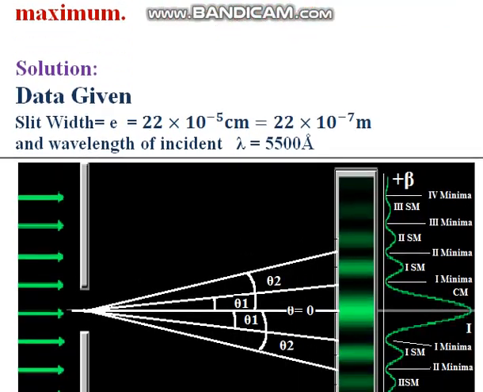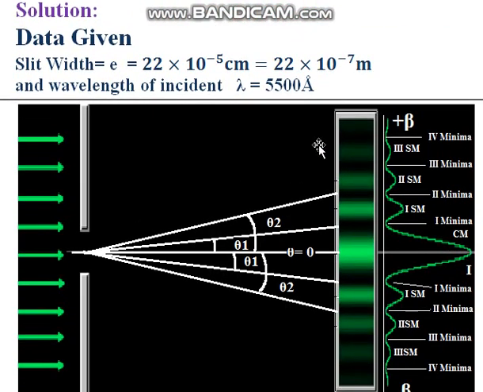There is some data given. The slit width is given as 22 into 10 to the minus 5 centimeter. The wavelength is also given, and we will use it in our formulation. I try to draw the problem in our experimental setup.